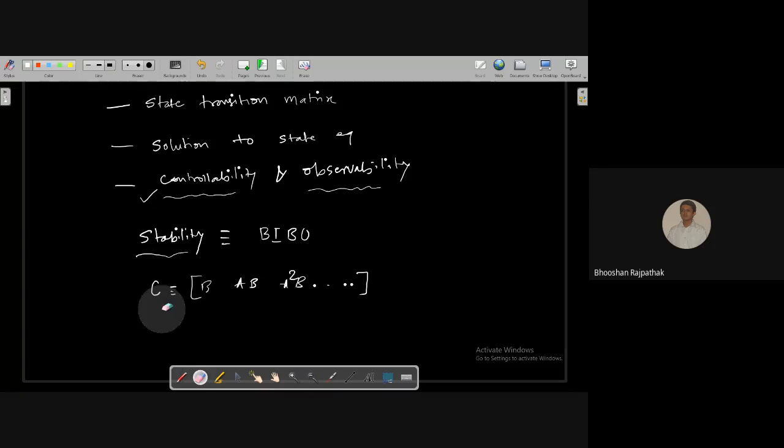But the questions will be asked on the concept of controllability. So what is controllability? That will be clear once we have the state equation. So let me write it down. The state equation is x dot of t equals A x of t plus B u of t.